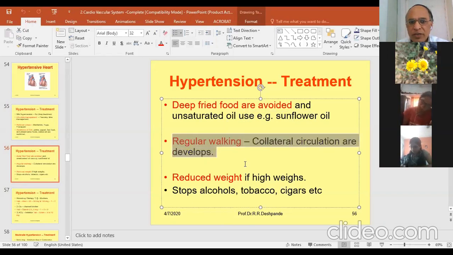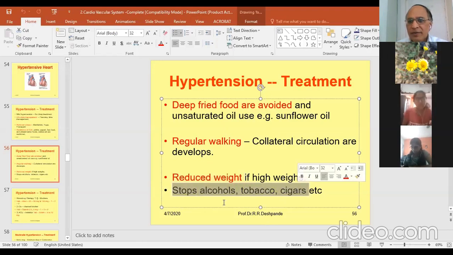You can see on the screen, very important, collateral circulation. In examination, you must tell why walking? Collateral circulation is developed. Reduce weight. If the patient is overweight, reduce the weight. And stop all vices, habits, alcohol, tobacco, and cigarette.